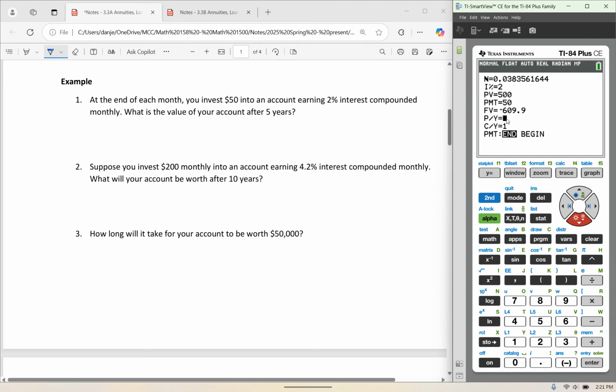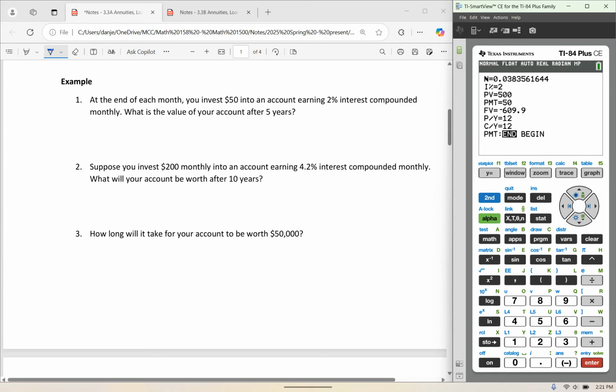It's important now that our P/Y and C/Y each match. At the end of each month, we're putting our $50 into our account, so our P/Y is 12. Also, our 2% interest is compounded monthly, so the P/Y and C/Y should both be 12.